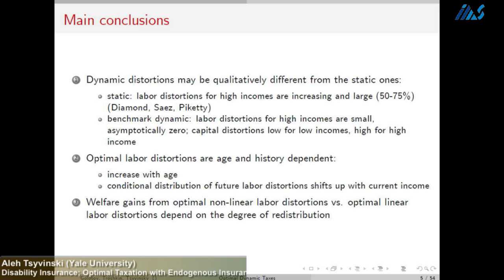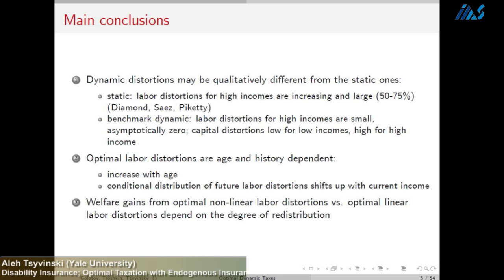One of the key things that comes out of the static Mirrleesian models, for example from papers by Diamond or Saez or Piketty, is that if you have an unbounded distribution of types with a Pareto tail, a fat tail, then for very high incomes you want labor taxes or income taxes increasing, and they can actually reach quite a large number, say 50 to 75% for a reasonable calibration.